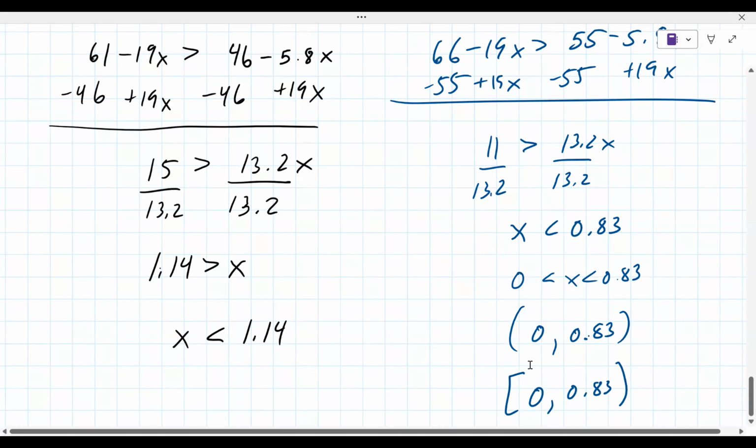Oh, maybe it's because of the bracket. Oh, okay. It wanted it as 5/6.